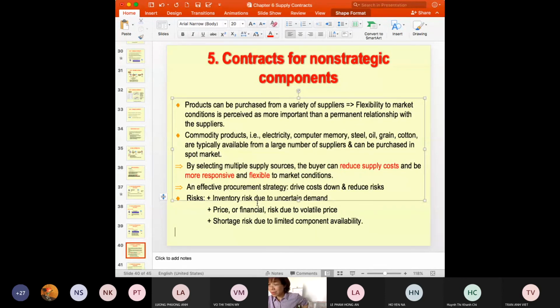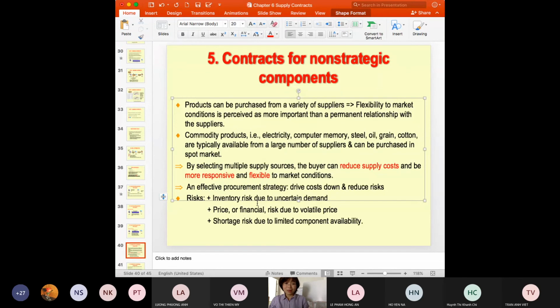So, inventory risk due to uncertain demand. If we don't have a side contract with the supplier, you may have inventory risk due to uncertain demand, and if demand increases, they may run out of capacity.